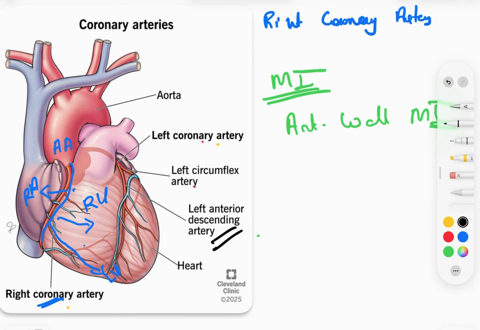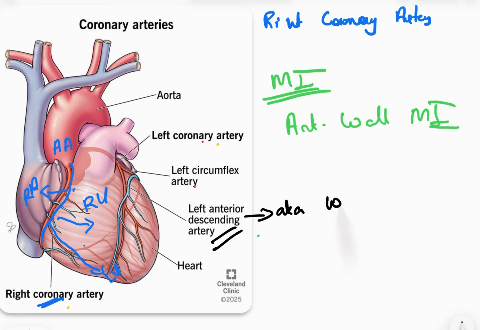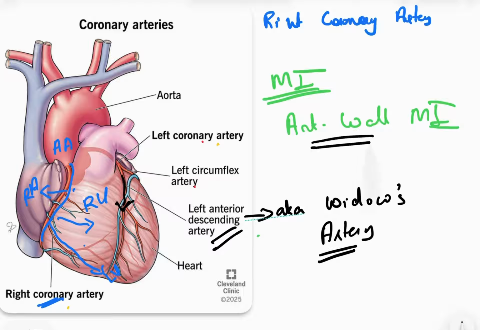So the left anterior descending artery is also known as the widow's artery. Why? Because most of the people die because of the myocardial infarction happening to the anterior wall. The most common type of myocardial infarction is anterior wall MI.